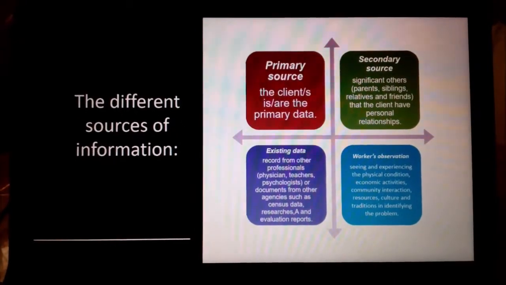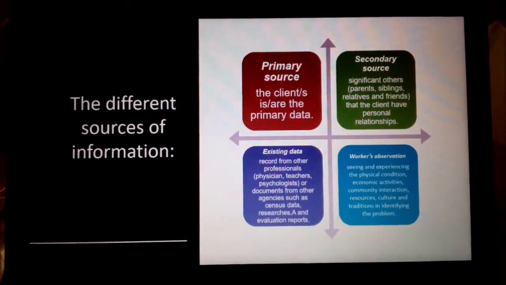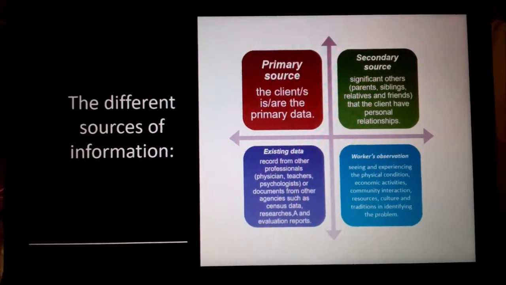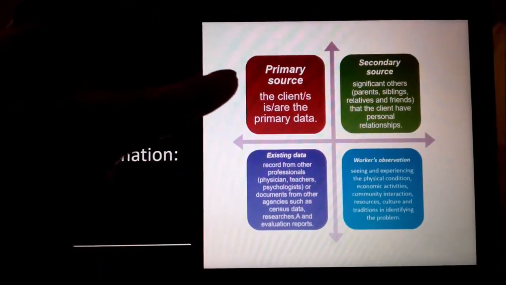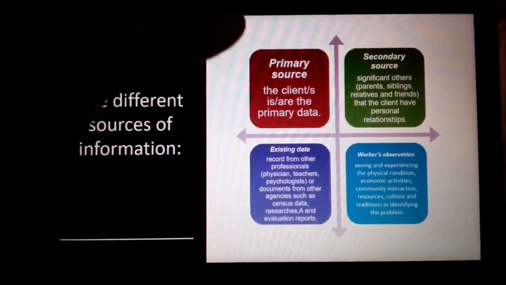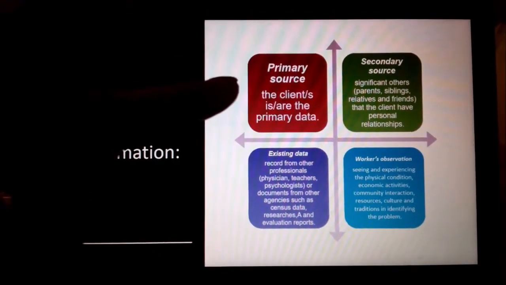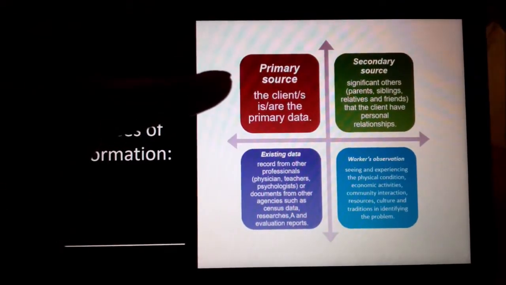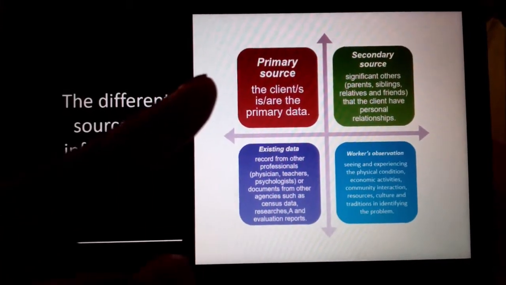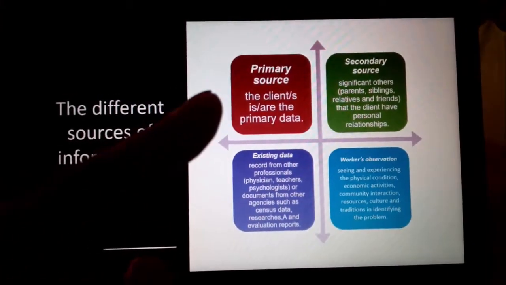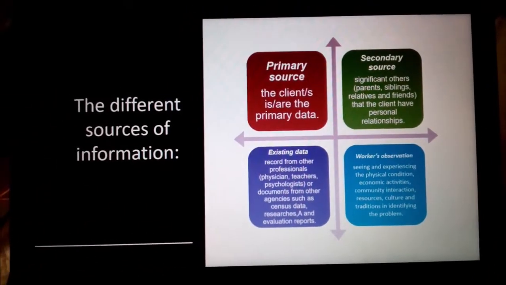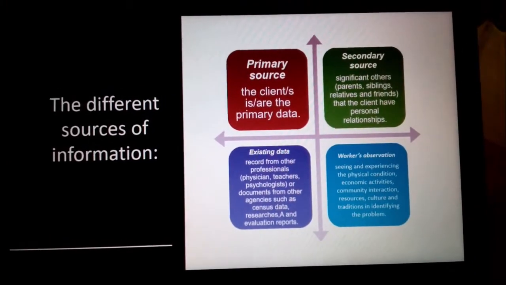Here are the different sources of information when it comes to assessment. First, we have the primary source. From the word itself, primary, meaning premier, it's the first source that we need to find. That's the client's primary data or the biological information about the client.